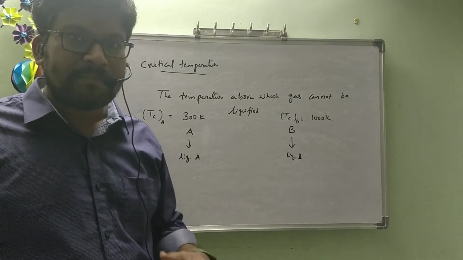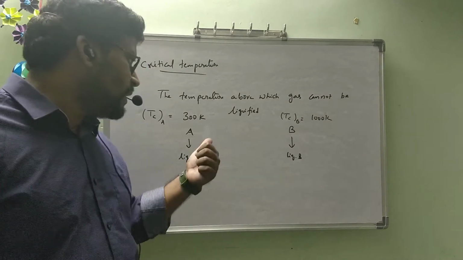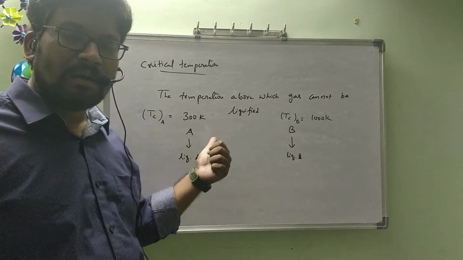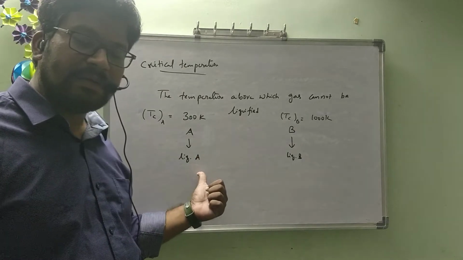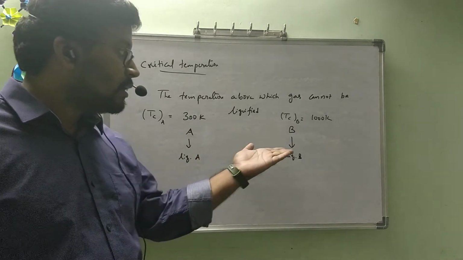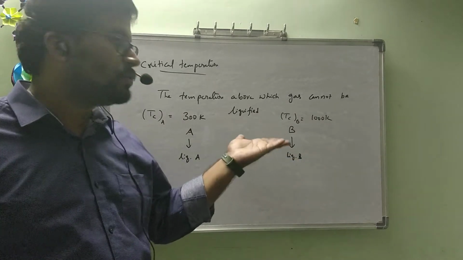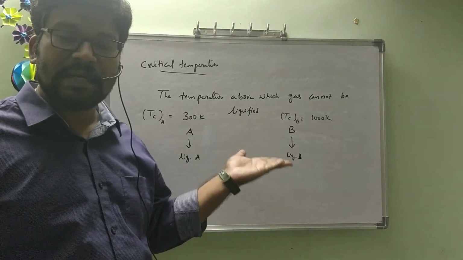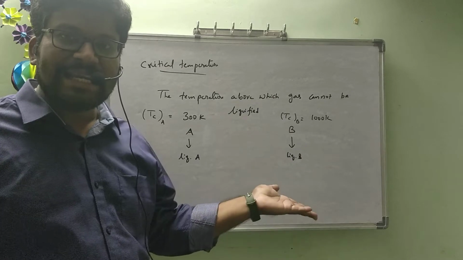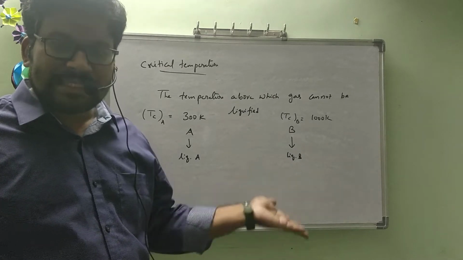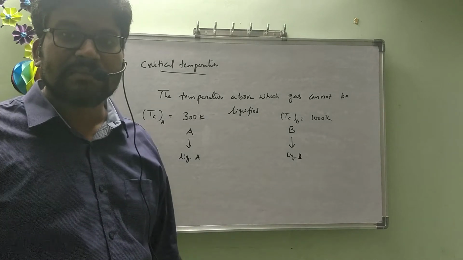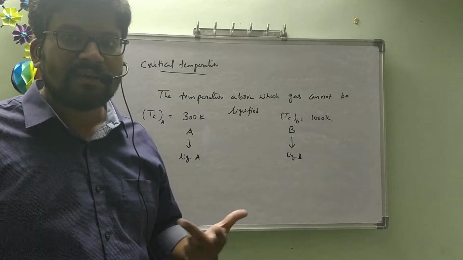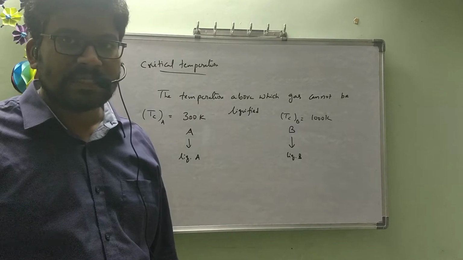Below room temperature only we have to maintain to liquefy gas A, correct? But above this room temperature also it is possible to convert gas B into liquid. B is the highly liquefiable gas, because more possibility is there for B to be converted to liquid. Is it correct or not?